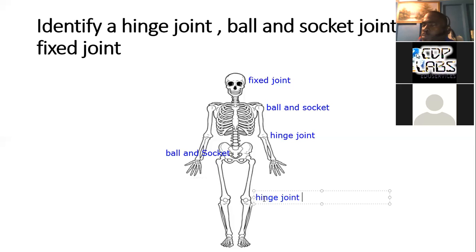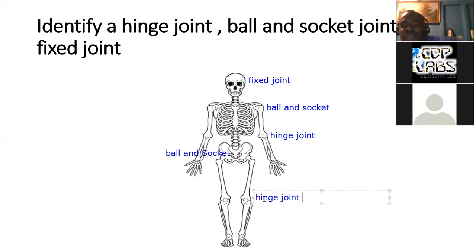You have a ball and socket joint. You have a hinge joint. At the end of a ball and socket joint, you have a hinge joint.